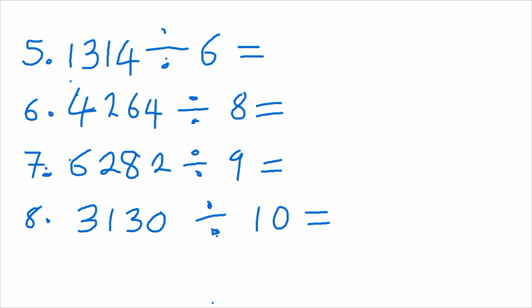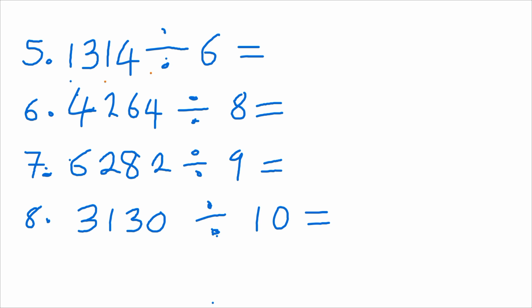Now, this one is saying 1,314 divided by 6. How do you know if a number is divisible by 6? What you simply need to do is to check the last digit. If it is even and the sum of its digits is divisible by 3, then that number as a whole is divisible by 6. So the last digit here is an even number, which is 4.